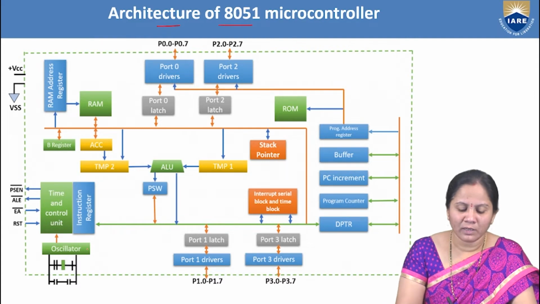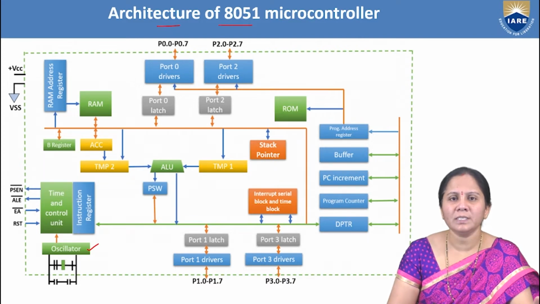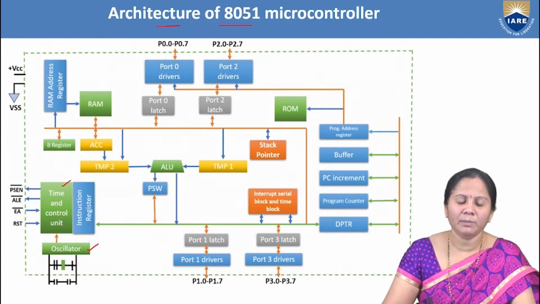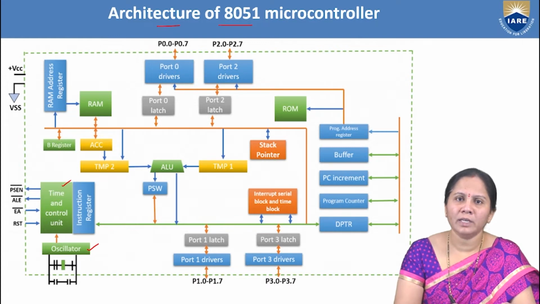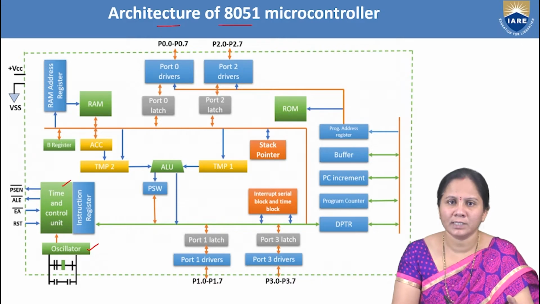The first one is the oscillator circuit, whose purpose is to produce the clock frequency for the 8051 microcontroller. The clock frequency produced is given to the timing and control unit. The timing and control unit takes input from the oscillator and then produces the timing and control signals.